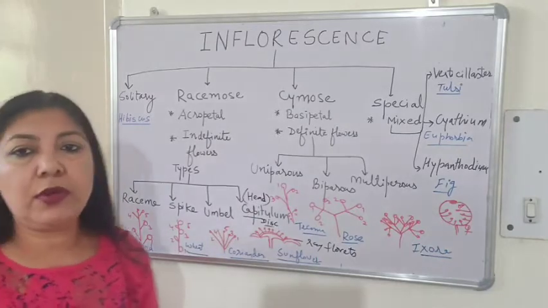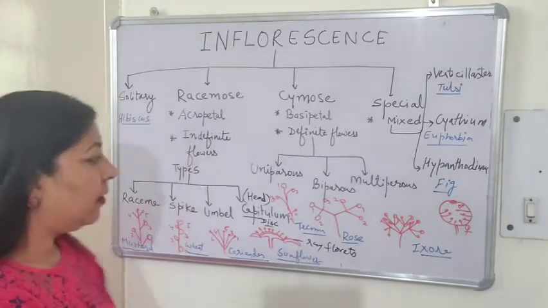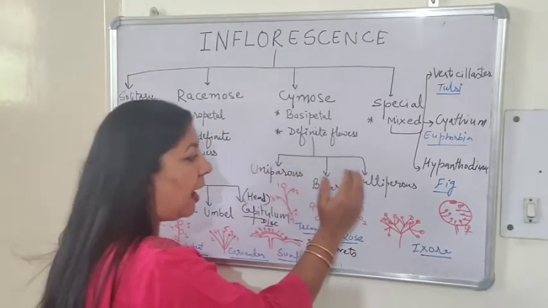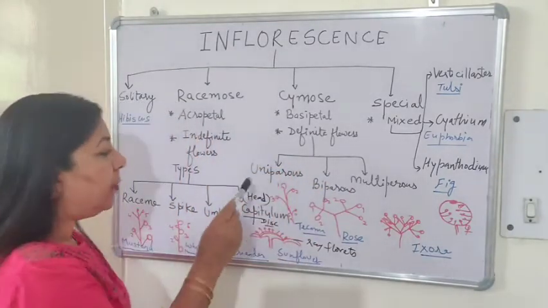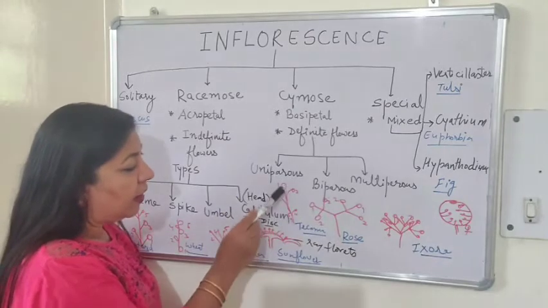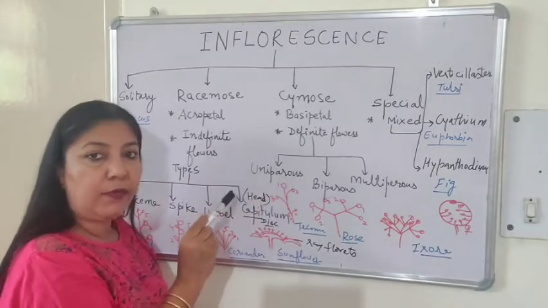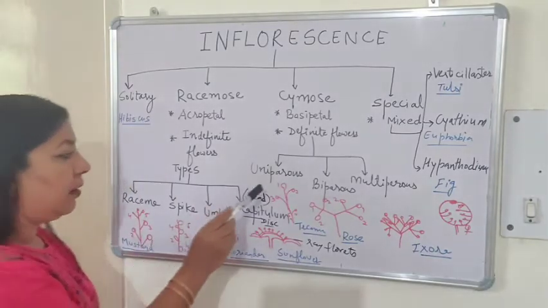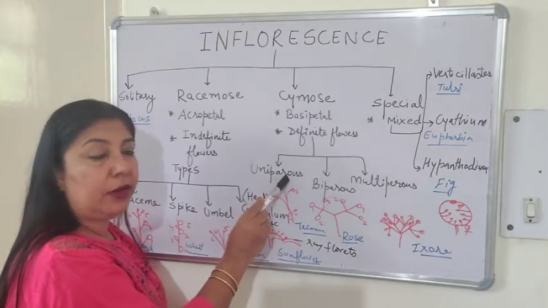And cymose also can be of different types. They may be uniparous, biparous and multiparous. Uniparous means, you can see here, first there will be one flower at the top. Here the flower was at the base, but here the oldest flower is at the top.